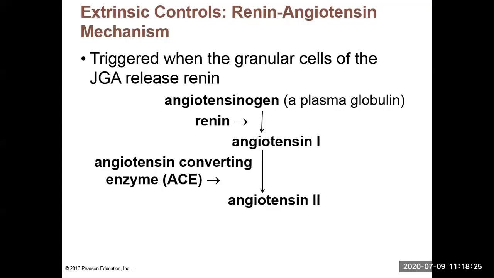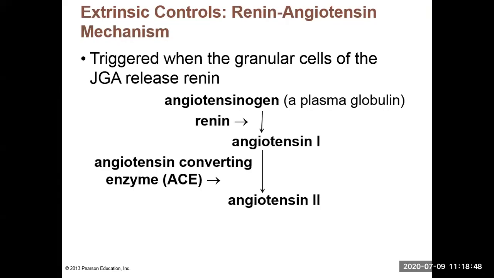Extrinsic control mechanism is related to the hormonal control. And one of the pathways or physiology that you need to know is called the renin-angiotensin mechanism. This is very, very important to understand as well.